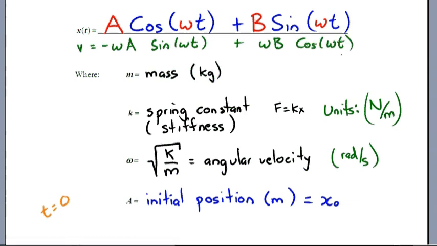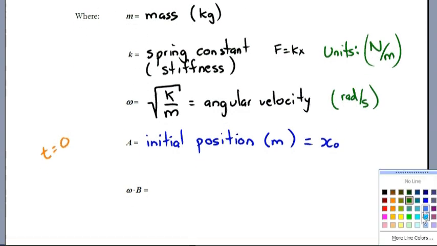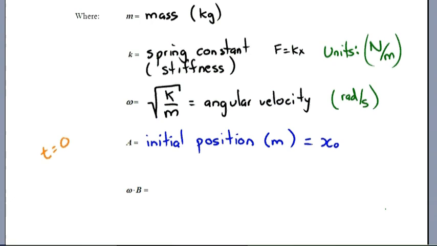Now once more, imagine putting in t equals 0. The cosine turns into a 1 and survives, but the sine turns into 0. And so at time 0, you would have omega times capital B. So omega times capital B must actually be the initial velocity.